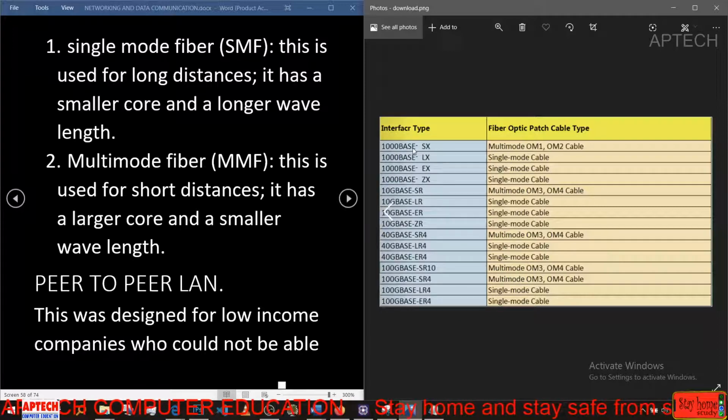As you can see here, S multi-mode, L single mode, single mode, single mode, multi-mode, single mode, single mode, single mode, multi-mode. So that's one way of cramming these things if you're interested. And if you notice how many GBs this takes, it can even take one full terabyte of space, using 100 GBps. That's how strong the thing is. That's how much it can take.